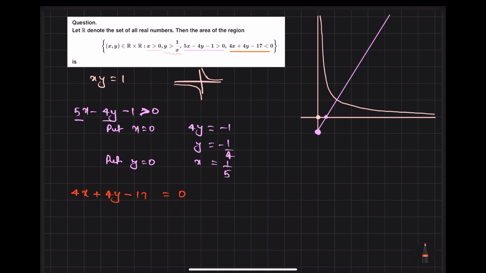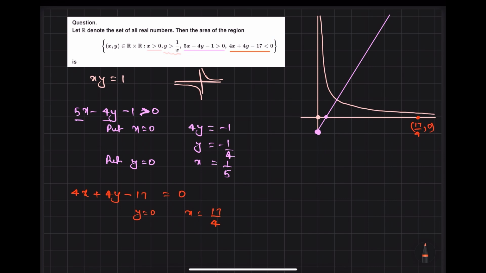Then x will be equal to 17 by 4, so it is 4 point something. So this is 17 by 4 comma 0.